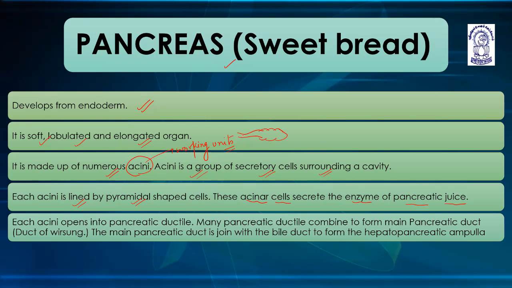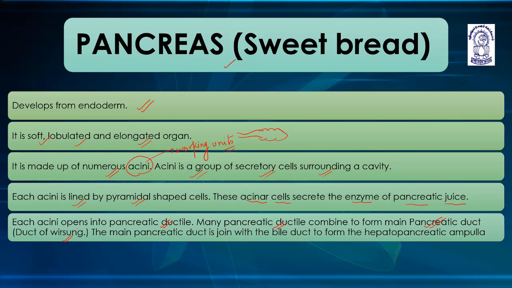Now, each acinus opens into a pancreatic duct, basically a fine ductule. These pancreatic ductules combine to form the major pancreatic duct, which is known as the duct of Wirsung.